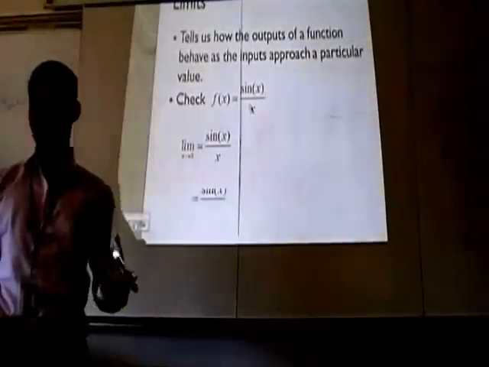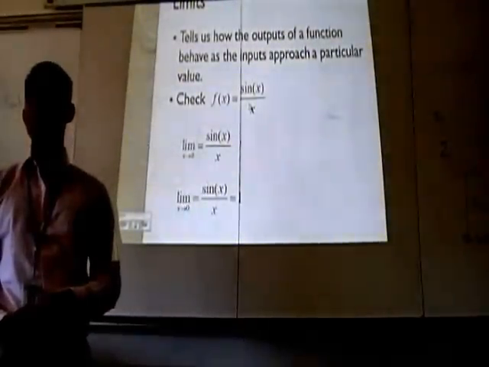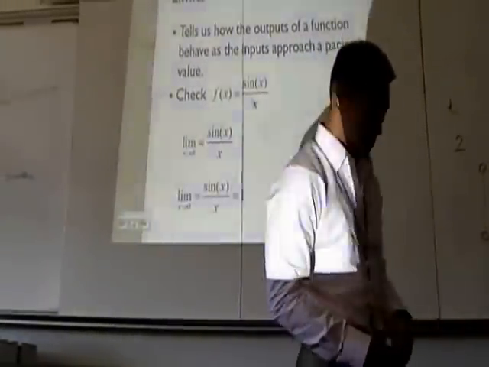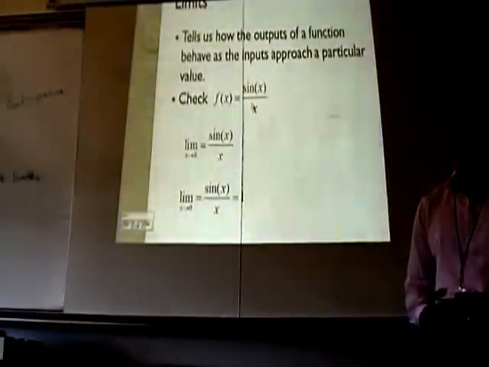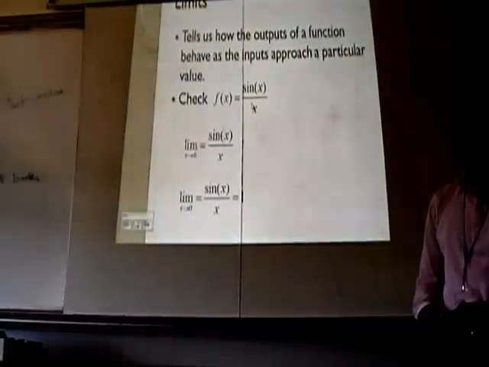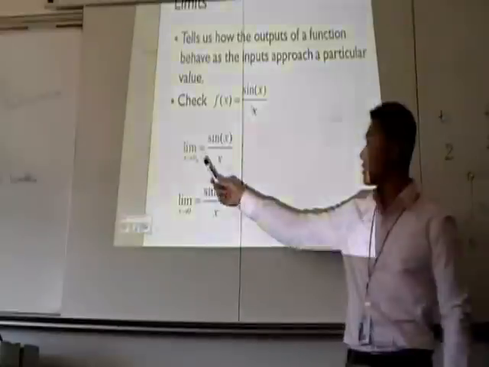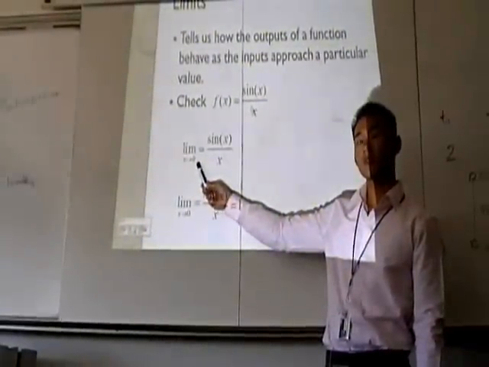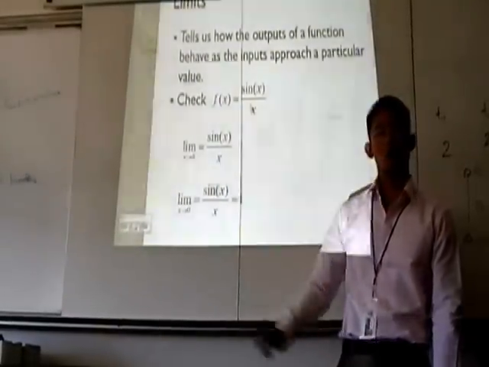Well, it gets closer and closer to 1. Alright, any questions there? So the limit as x approaches 0 of sine x over x is equal to 1.